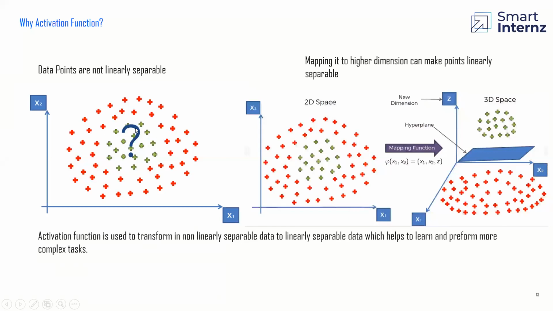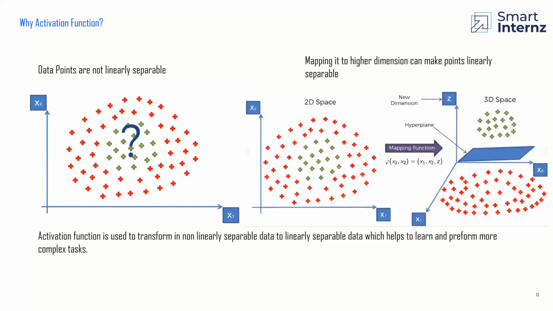To solve such complex problems and get a good outcome, we need to use an activation function. An activation function is nothing but a mathematical function that takes an input and produces an output. The function is activated when the computed result reaches the specified threshold.